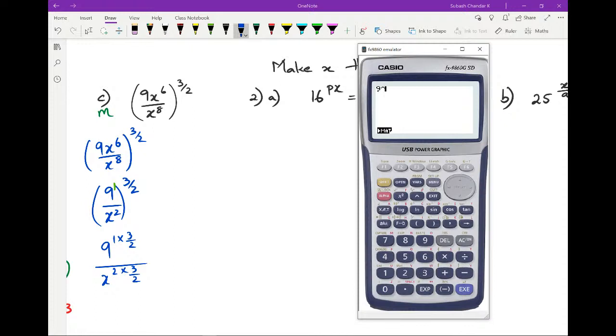When you go 9 to the power of 3 over 2, you get 364.5. The problem though is this is not the right answer, because you've forgotten to put the bracket around 3 over 2. So you've got to go 9 to the power of, make sure you put the bracket, and then put in 3 over 2, and then you get the correct answer for this particular value.